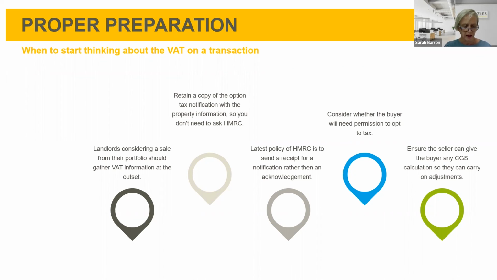HMRC have recently changed their policy. They're no longer issuing those nice acknowledgements that set out all the details of the property. They're just giving a receipt. We suspect that there'll be a lot of to and fro with people wanting to see an acknowledgement, and you don't get that anymore. You just get a delivery receipt.